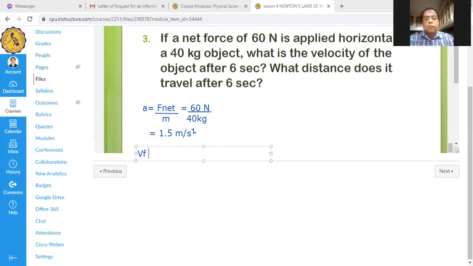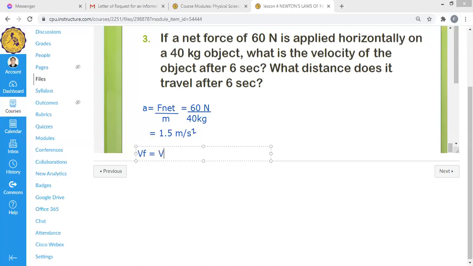So final velocity should be VI plus AT. Again, we recall our equations from our rectilinear motion, and we realize that they are connected. If the body started from rest, and that's our assumption, otherwise we will not be able to find this.